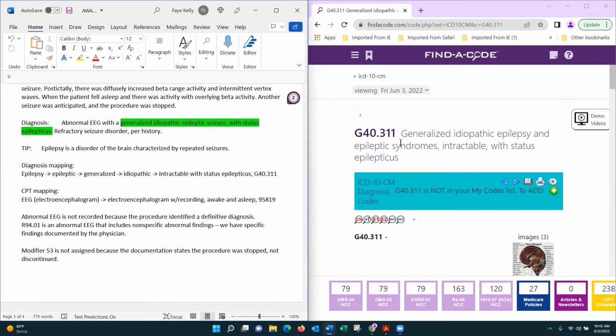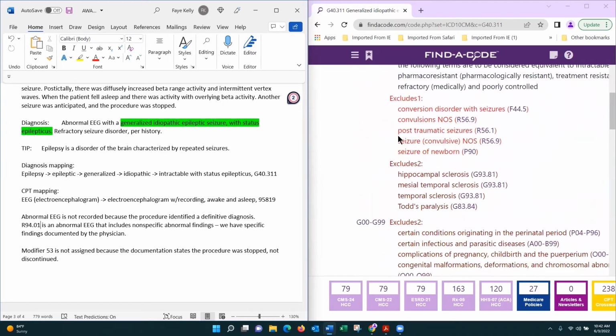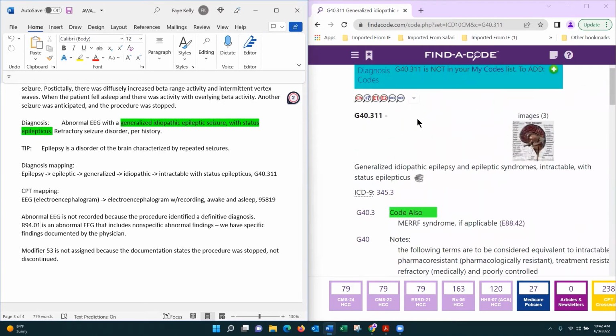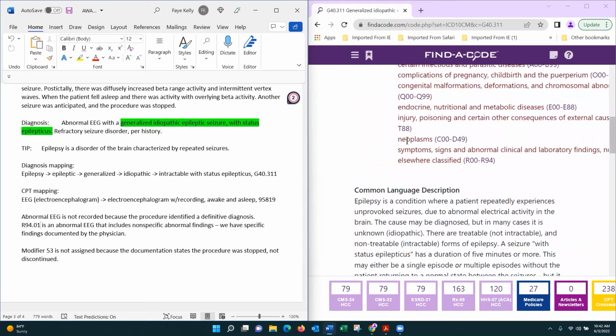Unless I come into the tabular at the code and it tells me to code also symptoms, and I don't have that at this code because I've scrolled all the way down, I have no instructions telling me to code also the symptoms.